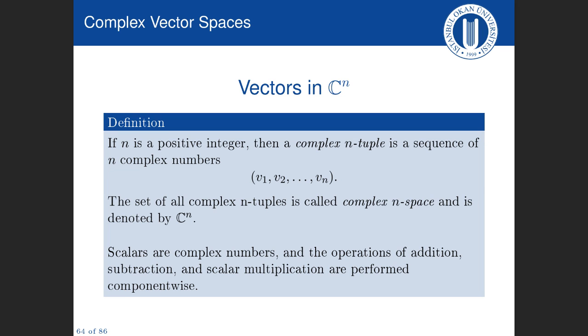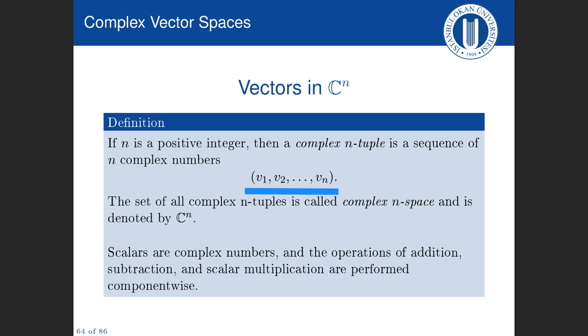Let's talk about vectors in C to the power n. What does that mean? That means a finite sequence of n complex numbers. A vector in C^n is a complex n-tuple. That's a sequence of n complex numbers.